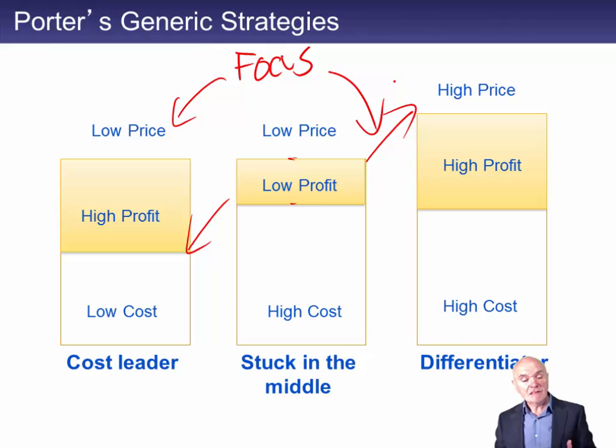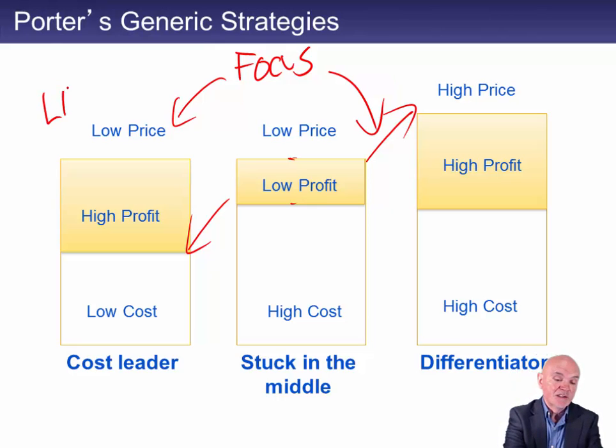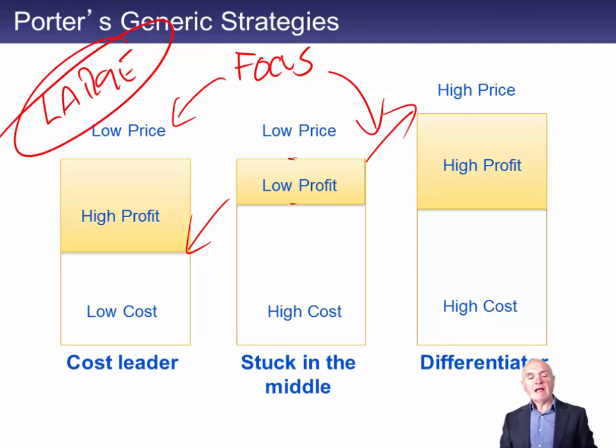If you're going to be a cost leader, by and large, you have to be a very large company. It's going to be very hard for a small family company to get to the kind of economies of scale which are possible and which are needed if you're going to be a cost leader.